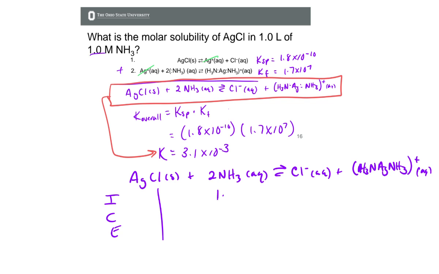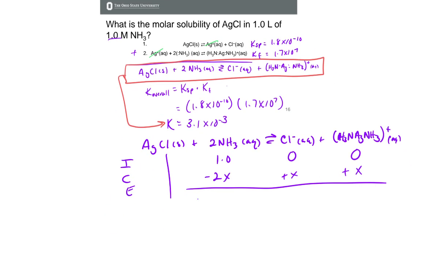So initially we have 1 mole per liter of ammonia and 0 moles per liter of products. For change, we use our stoichiometry: minus 2x for the ammonia, plus x for chloride, and plus x for the complex ion.